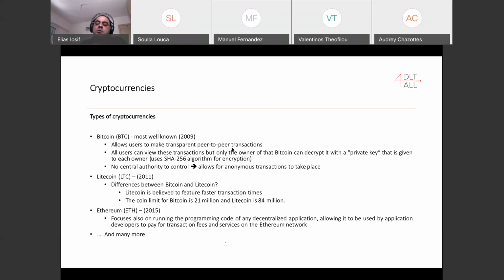The only thing you need to create such cryptos is software like the Bitcoin blockchain.